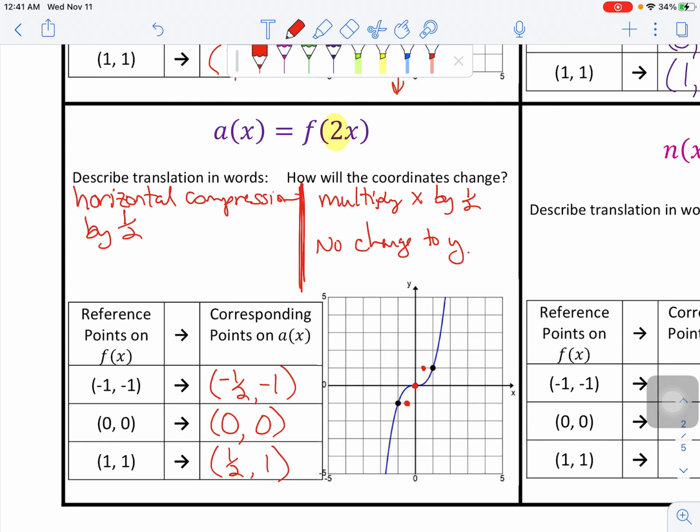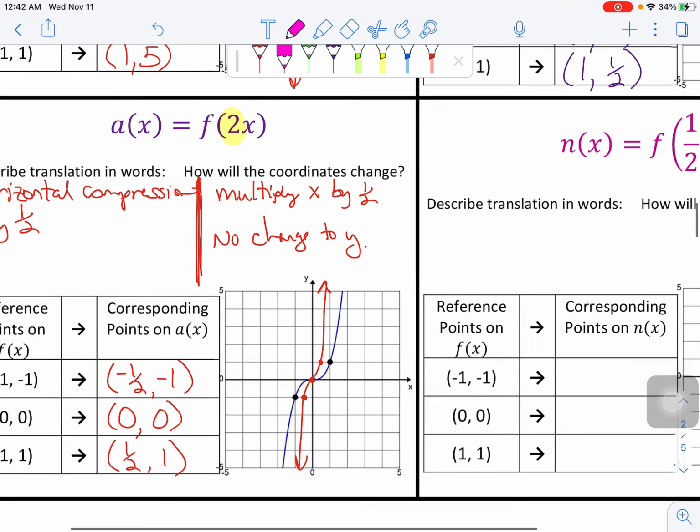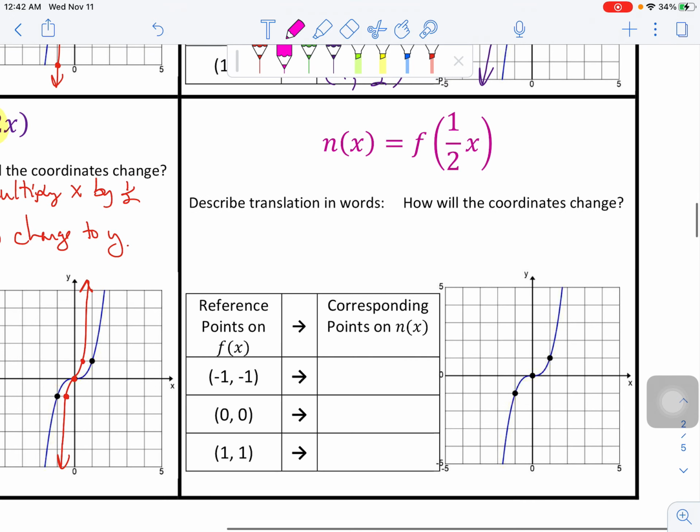And we're going to basically push those points closer to the y-axis. So let's see how good of a drawing it gets. All right, close enough. It gets the idea across in terms of what this graph looks like. So again, horizontal, kind of weird, but make sure you're focused on what's happening to the actual points.